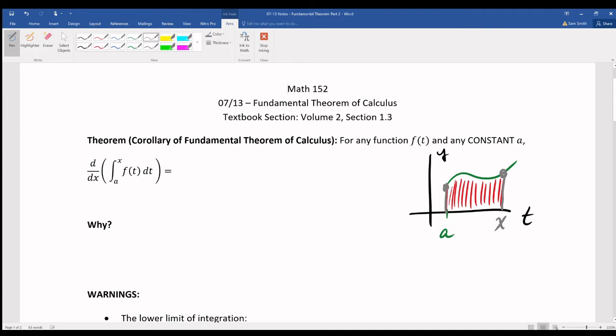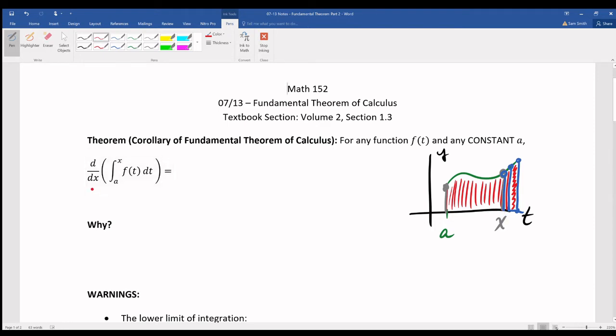But imagine that right-hand limit x as being allowed to slide back and forth. It's being allowed to vary and be scooched either to the left or to the right. A question becomes, as we slide x to the left or to the right, how does the net area under the graph of this function f change as we adjust and slide the value of x?